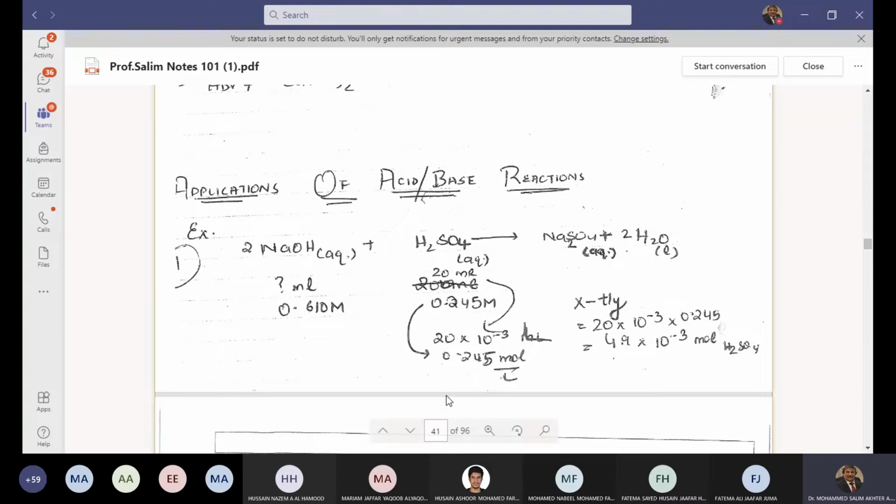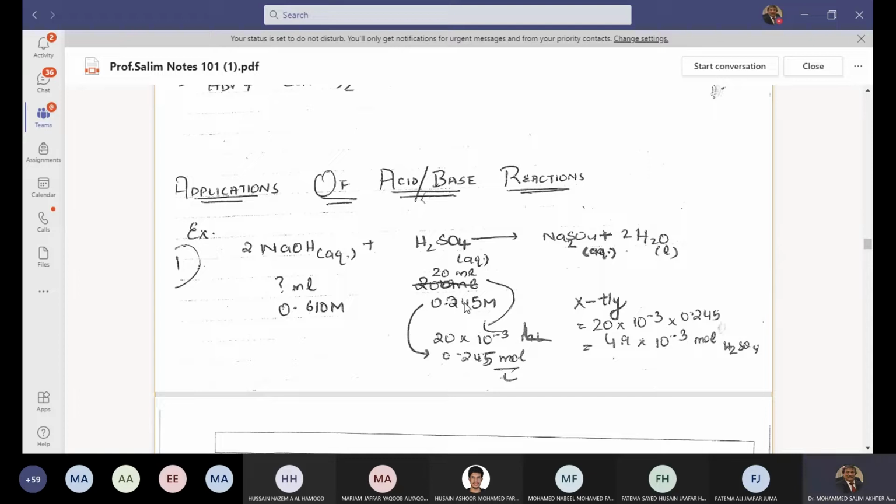I have a 0.610 molar solution of sodium hydroxide used for titration with sulfuric acid. In my conical flask, I took 20 ml of 0.245 molarity sulfuric acid. Let me repeat the question.